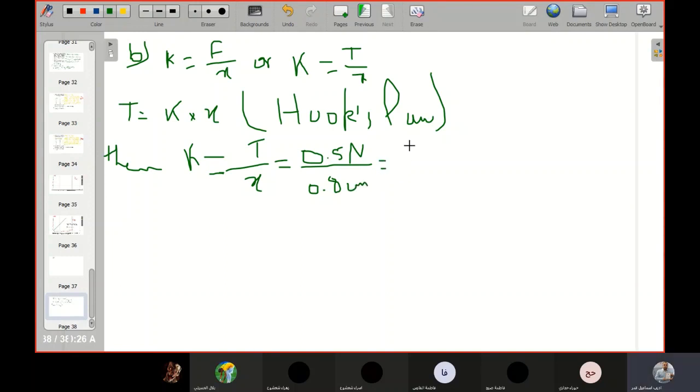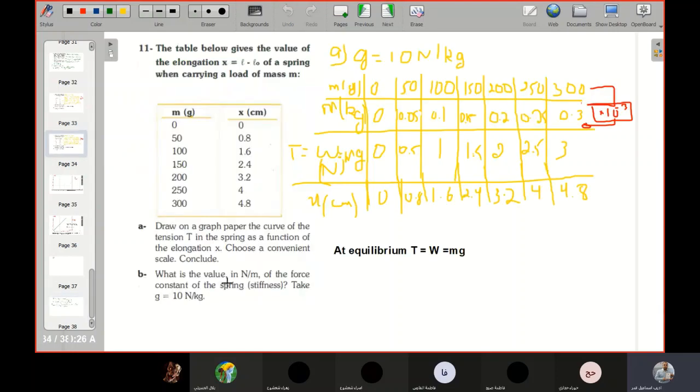The answer would be, give me the answer. 0.5 over 0.8? 0.625 Newton per centimeter. Pay attention here.